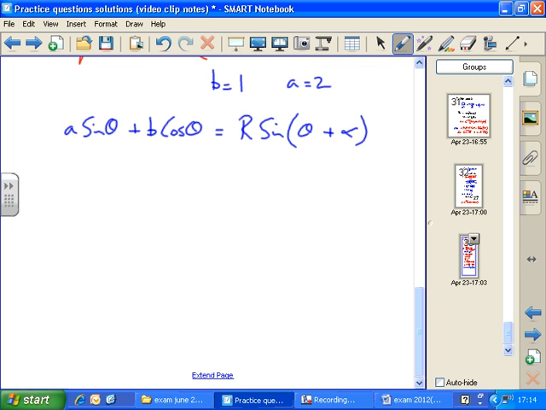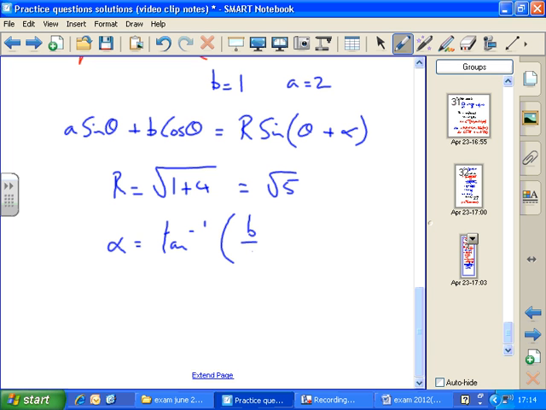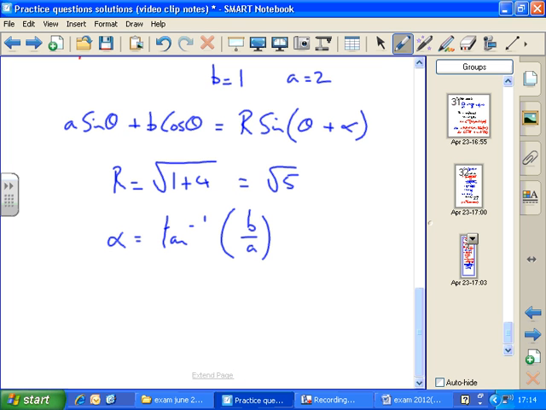That's what we're after. R is the square root of a squared plus b squared, which is 1 plus 4, so that's the square root of 5. And alpha is tan to the minus 1 of b over a, which is tan to the minus 1 of 1/2, which is 0.464.